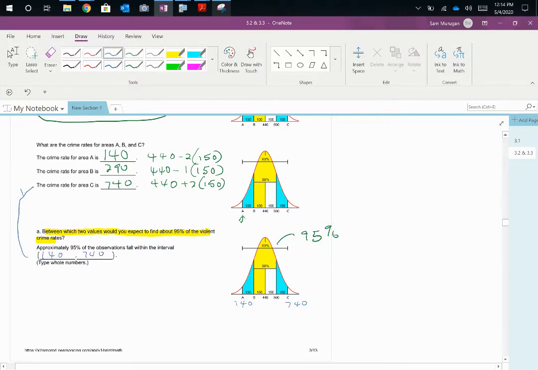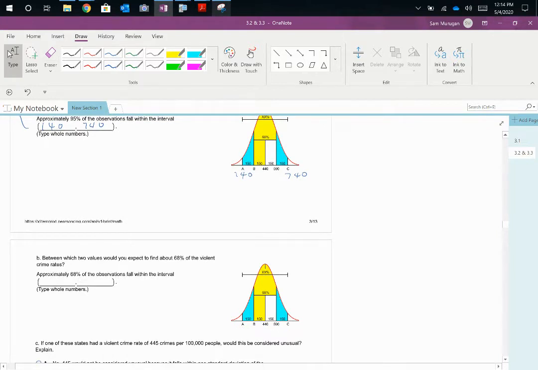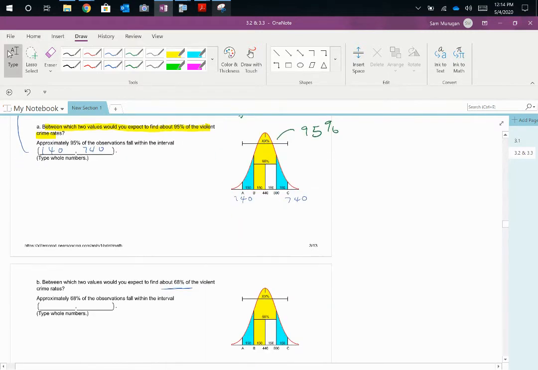From 740 and from 140, A and C. Then for 1 standard deviation, B was at 290, and in this city, 1 standard deviation is at 590. So 290 to 590, right?